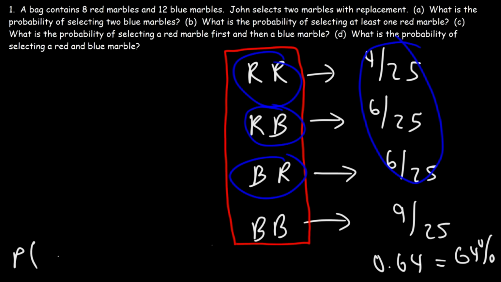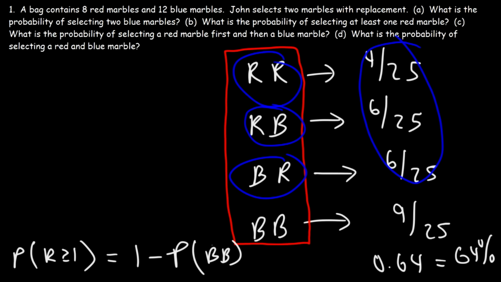The probability of getting at least 1 red marble, let's say R is equal to or greater than 1, is equal to the probability of not getting 2 blue marbles, which is 1 minus the probability of getting 2 blue marbles.